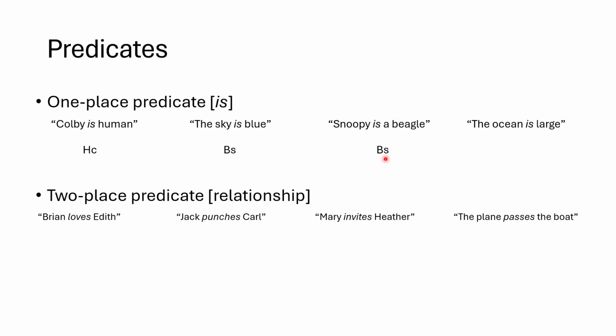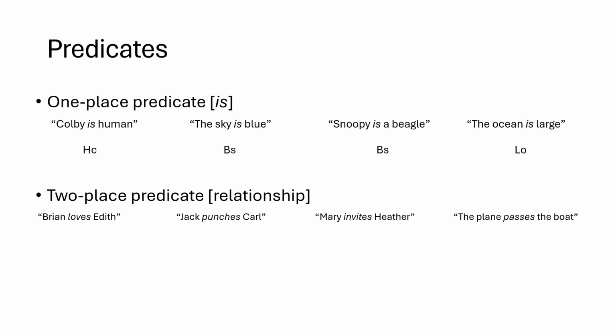And so Snoopy is a beagle. And then, as you can probably figure out, here on this last one, you have the ocean, which is your constant, and then largeness would be the predicate.